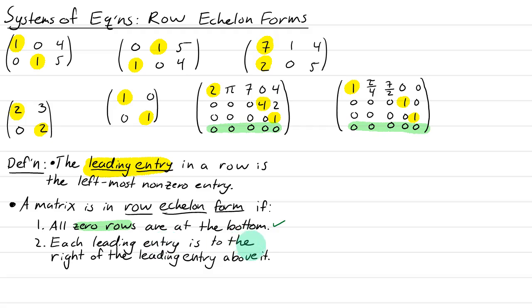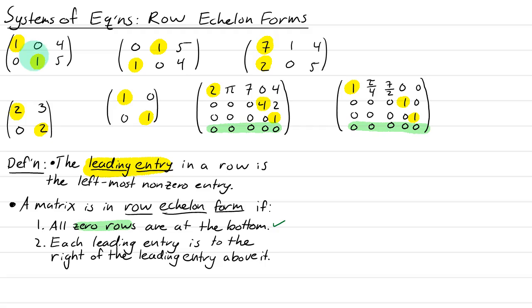Each leading entry is to the right of the leading entry above it. And this is really the critical thing here. So we look at where are the leading entries, and are they to the right of the leading entries above it. And if it's in the first row, then there's no leading entry above it, so this just doesn't apply to that, so it still counts. So in this case, there's nothing above this first leading entry. The one below here, this is to the right of the leading entry above it.